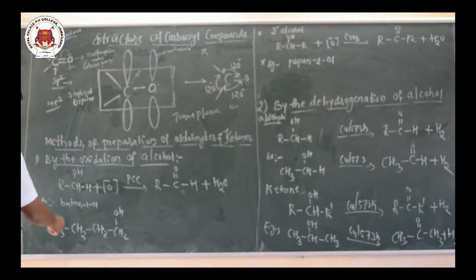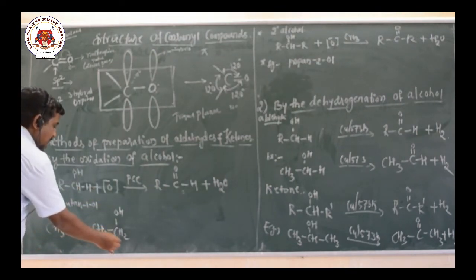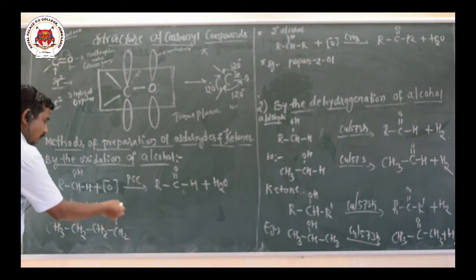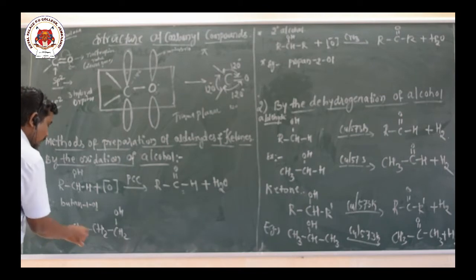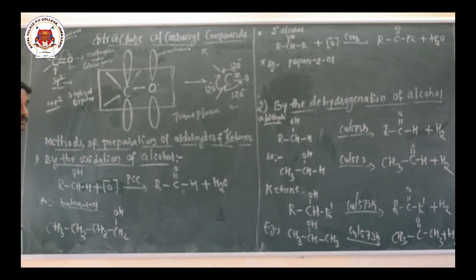Now this is butan-1-ol. So 1, 2, 3, 4, at first position we have an OH group, the suffix is ol, the position of this OH group is 1, and the total number of carbon atoms in the compound is 4, hence the name is butan-1-ol.